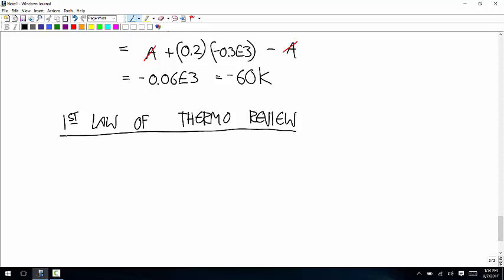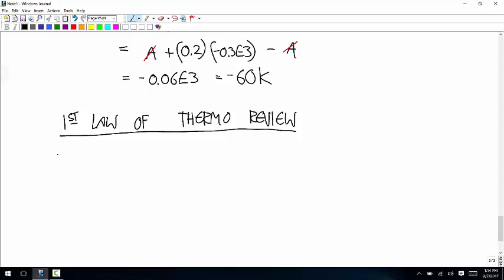I want to start with the first law of thermodynamics. We have all these little equations for how to calculate work and how to calculate heat. But I think the way to think of it is you just have this simple equation that you start with, and then little by little you can fill in the more complicated stuff.